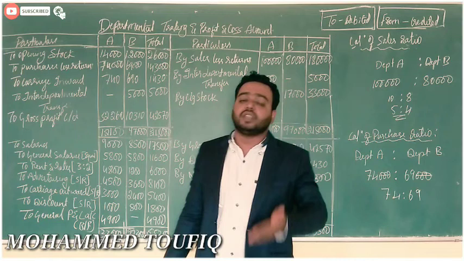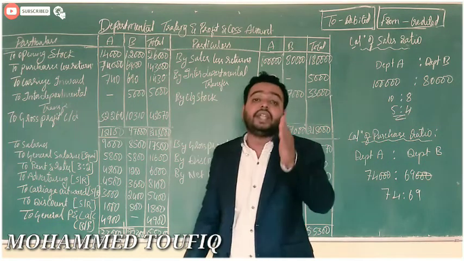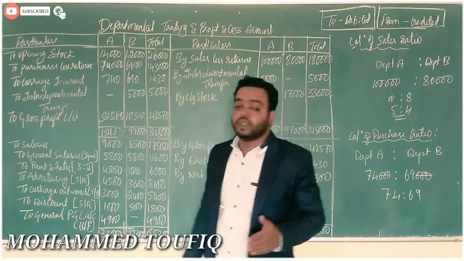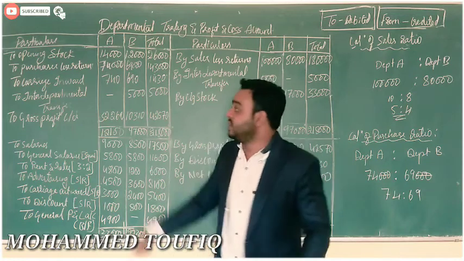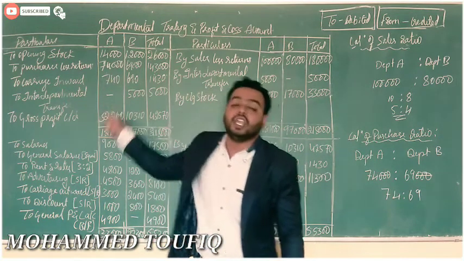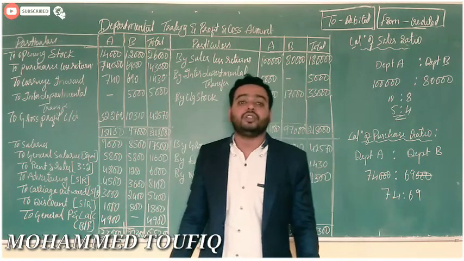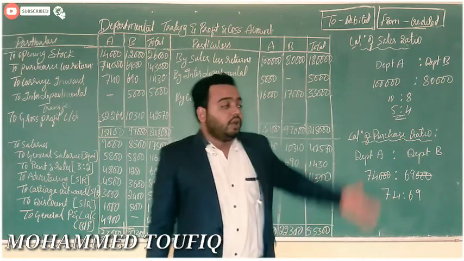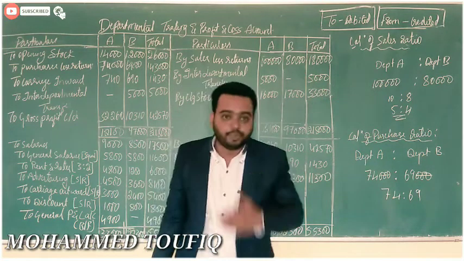After writing the purchases, any direct expenses are to be written here. From the question, you can identify there is only one direct expense, that is carriage inwards. Carriage inwards should be distributed on the basis of the purchase ratio. We have calculated the purchase ratio on the basis of net purchases.